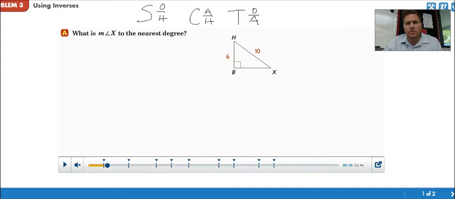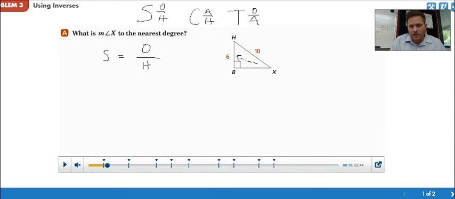I want to find out this angle right here. I know that 6 is going to be the opposite, and this 10 is across from the 90 degrees, so that is my hypotenuse. So of sine, cosine, or tangent, I'm using sine in this case.